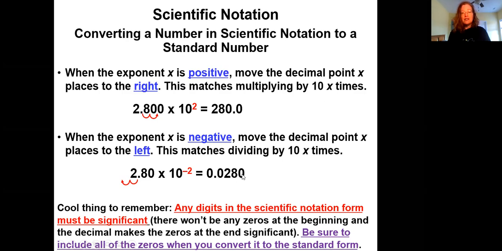That means I need to continue to keep it in my final answer. The cool thing to remember, any digits in the scientific notation form must be significant. That's because there won't be any zeros at the beginning, and with the decimal, the zeros at the end are significant. Be sure to include all of the zeros when you convert numbers from scientific notation into standard form.